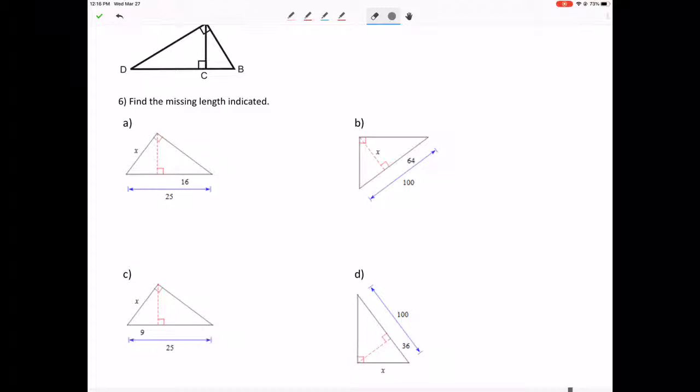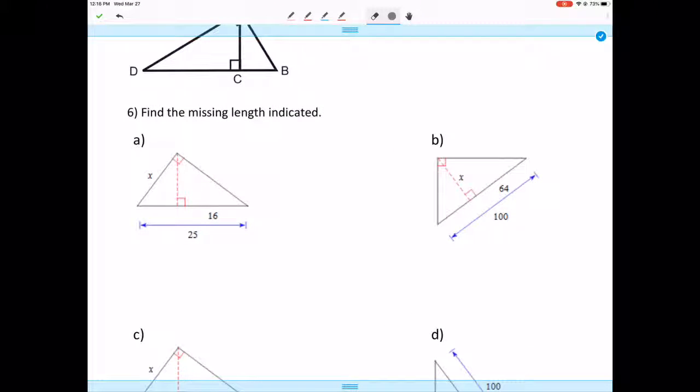Okay, so it says find the missing length indicated. All right, so sometimes what I like to do is draw the 2 triangles. So for example, one of our triangles could be, well, this one is the one that we need x for. All right, and we could use this as one of the triangles.